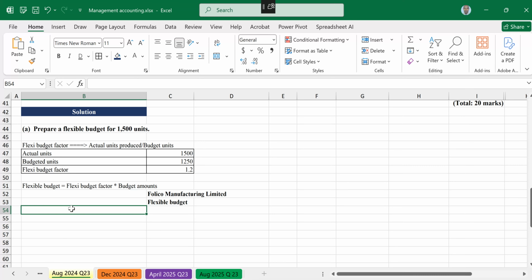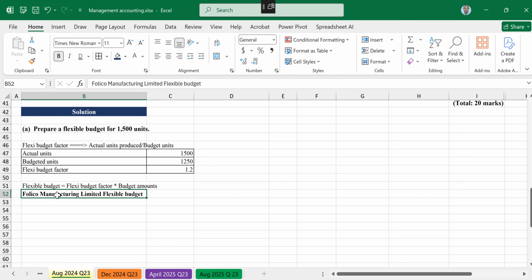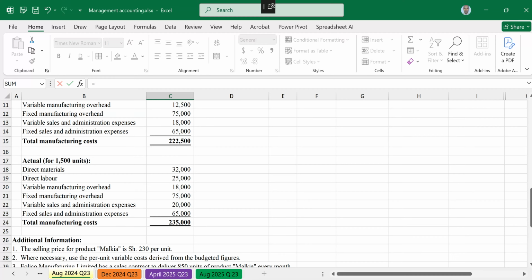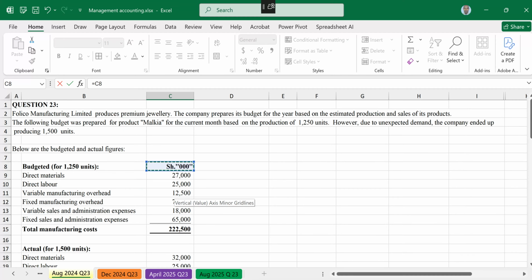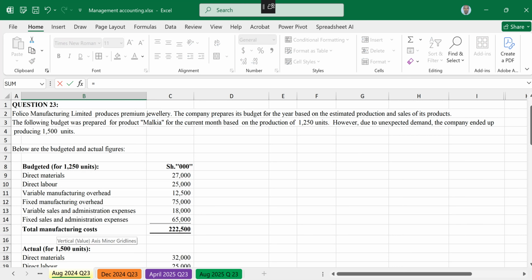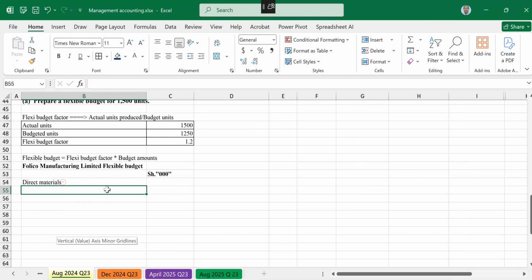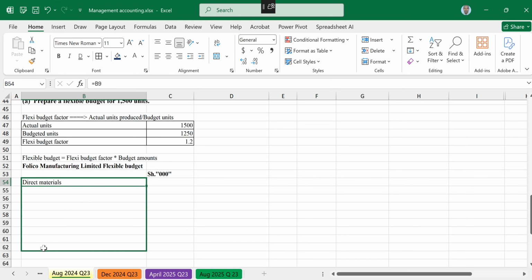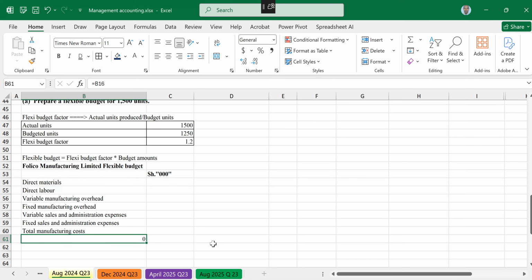Then just pick what you have from the budget and give us the values. The values as given in the budget, direct material, enter. So from direct material to the last one.